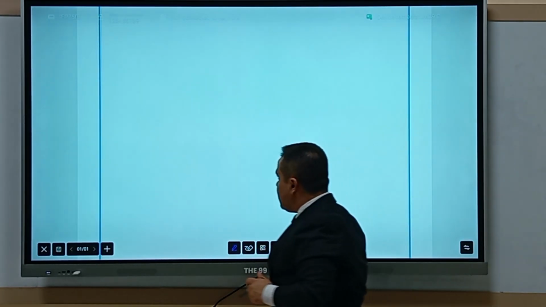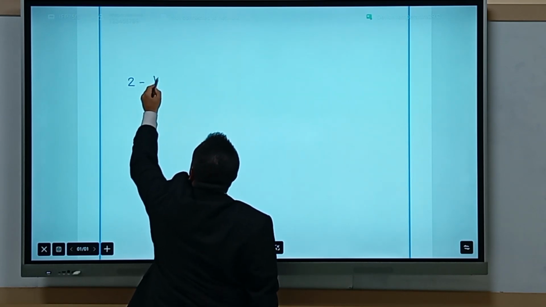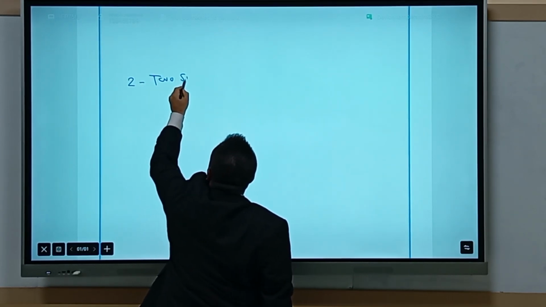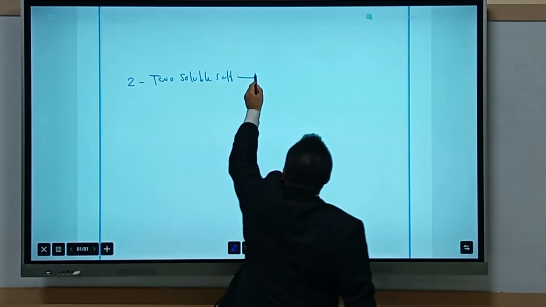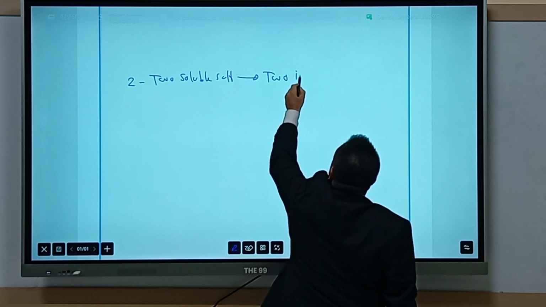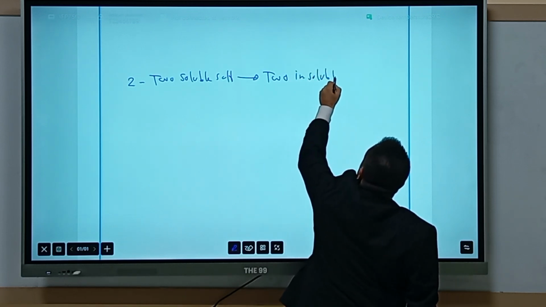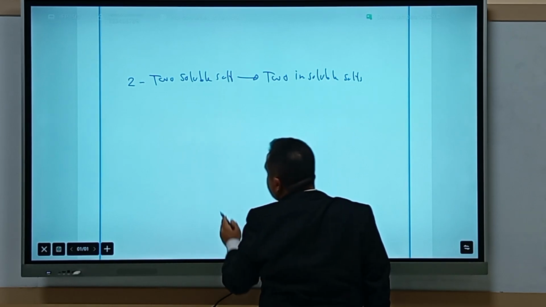Let us talk about the second type of the questions. Second, two soluble salts react to form two insoluble salts. Insoluble. The example.